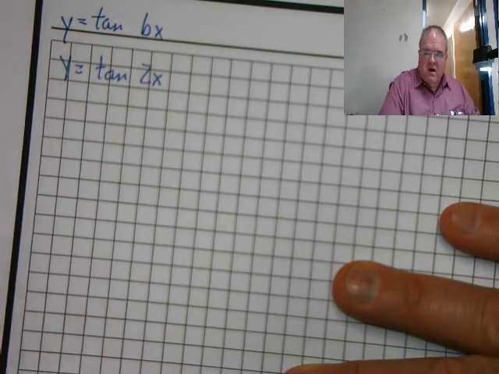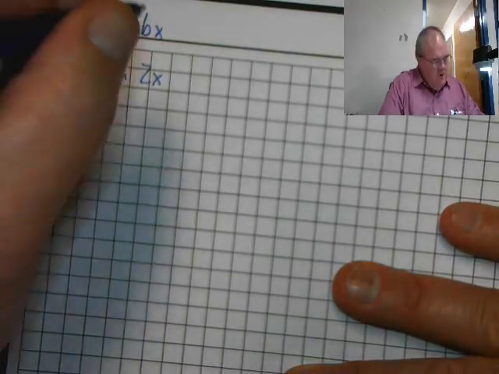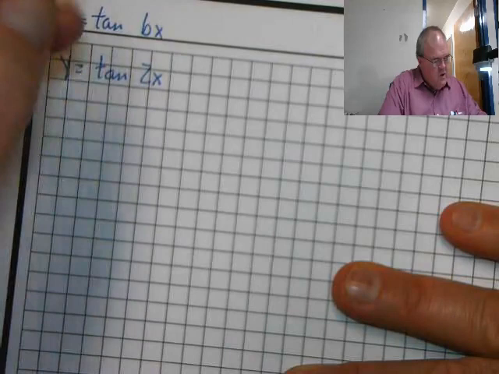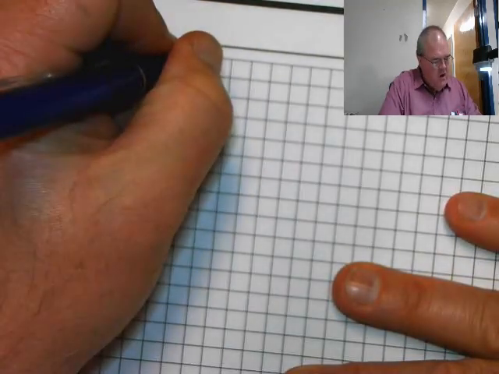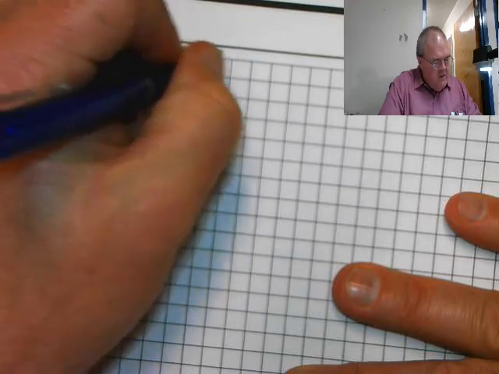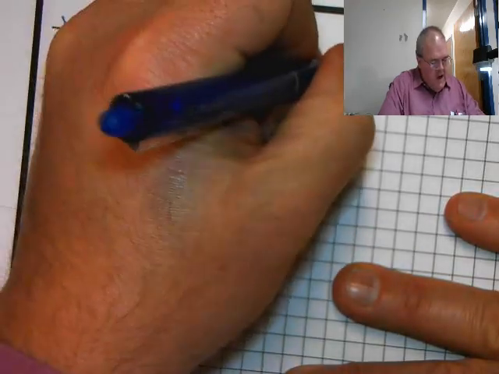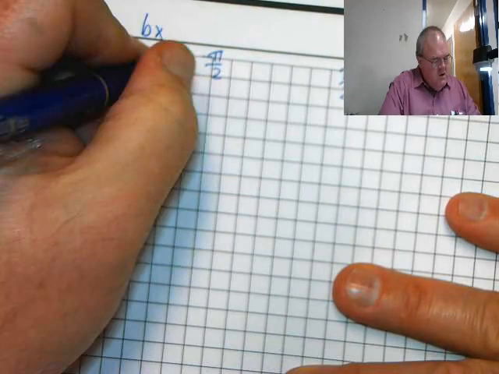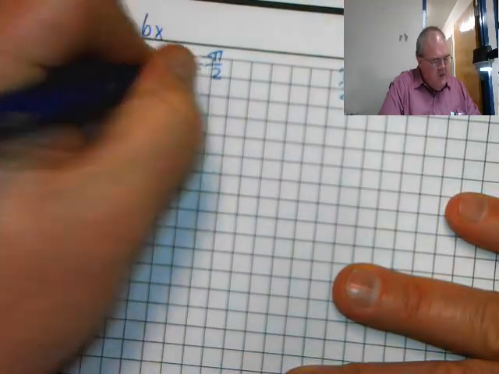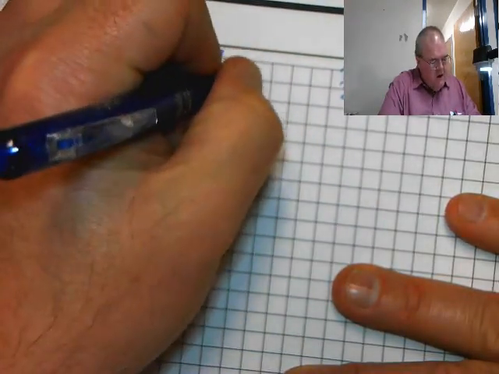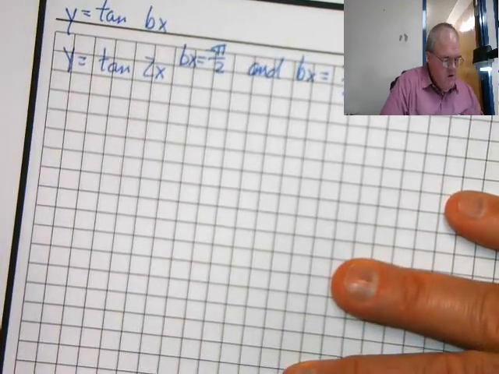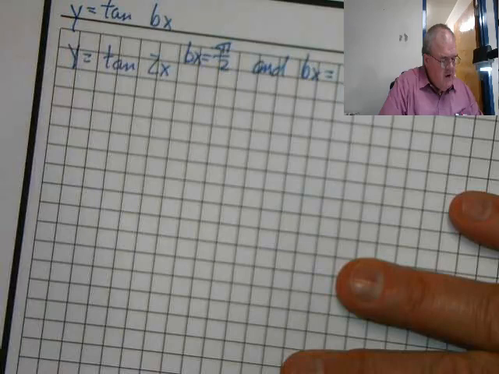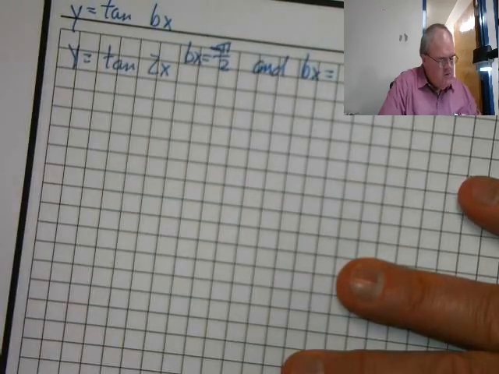And what we're going to see here is that for tangent, because our asymptotes come at negative pi over 2 and pi over 2, we're going to say bx equals pi over 2 and negative pi over 2.